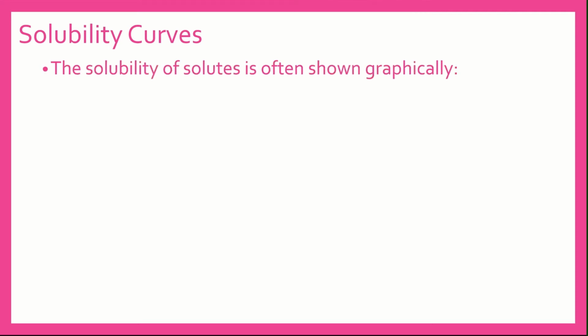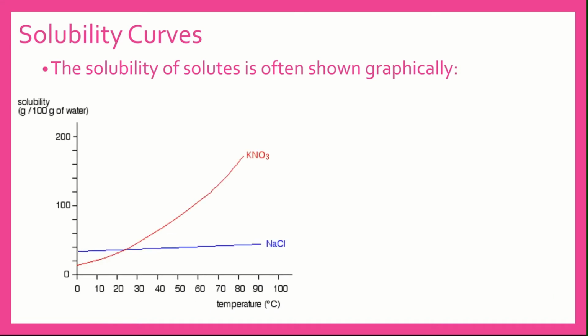And that leads us to the crux of today's lesson, solubility curves. So we show the solubility of different salts with graphs. Looks something like this. So how much sugar or salt can we dissolve in 100 grams of water based on the temperature? So again, as the temperature of the water changes, the amount of salt that you can dissolve also changes.